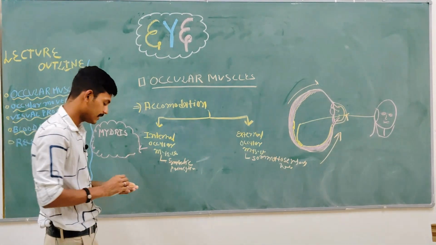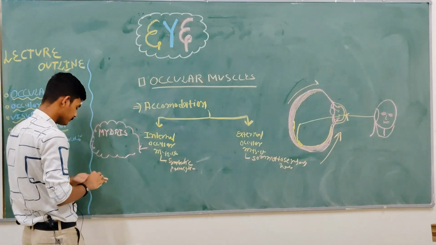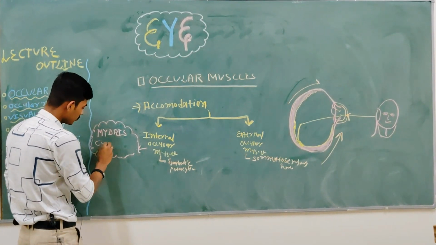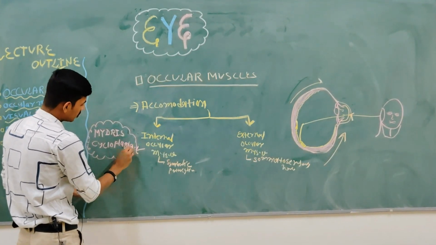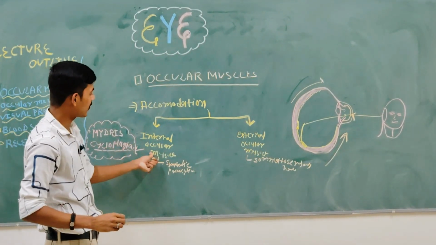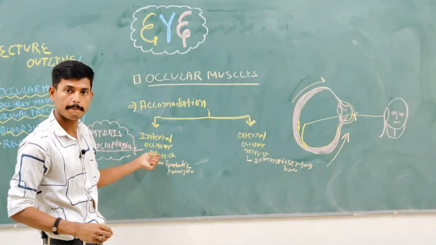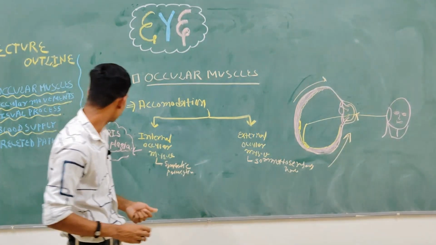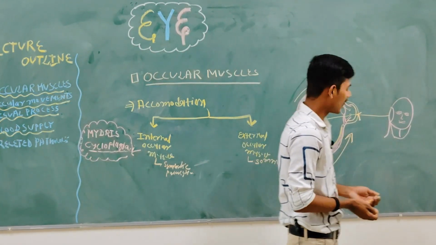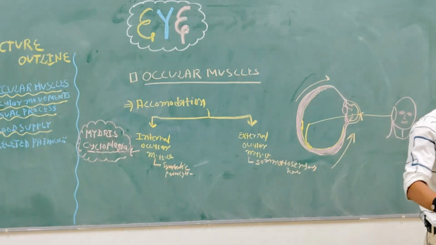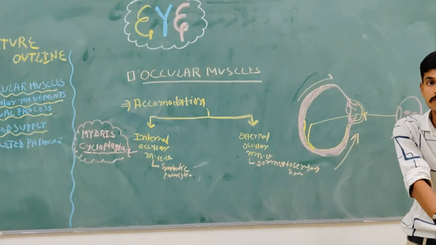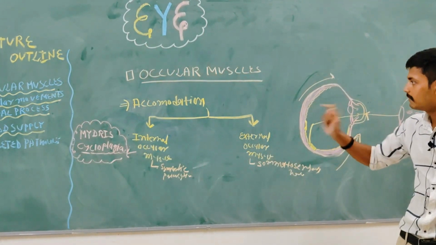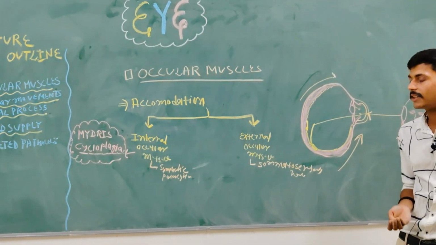And there is another condition called cycloplegia. If paralysis occurs to these muscles, they won't work properly, or we can say there is a temporary loss of movement of the eye muscles, basically the internal ocular muscles.